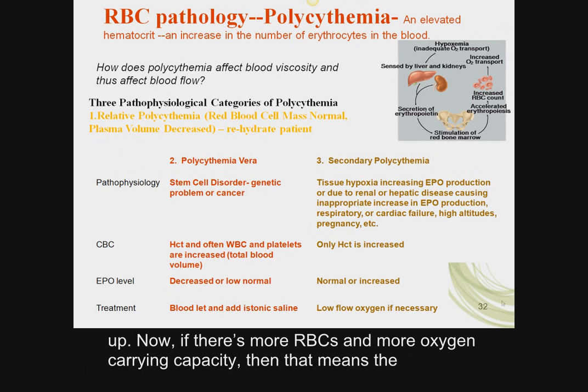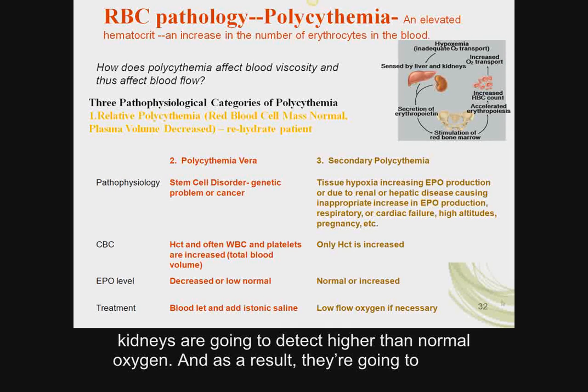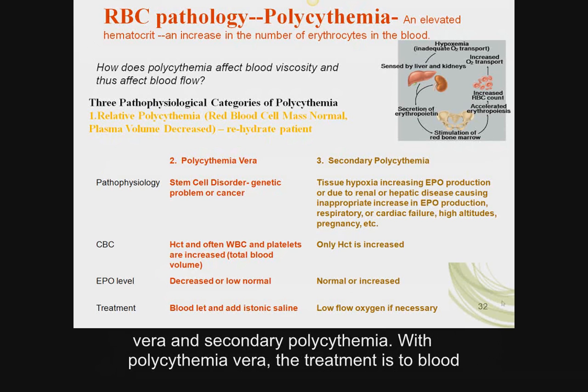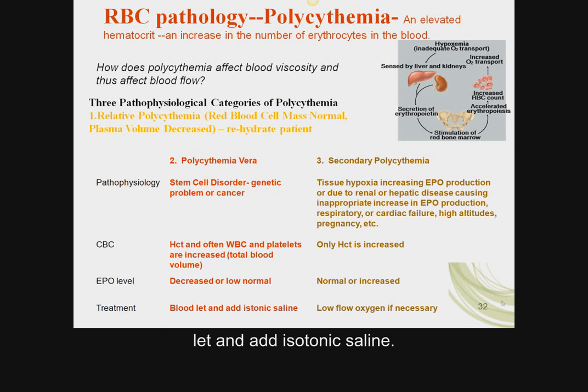Now, if there's more red blood cells and more oxygen carrying capacity, then that means the kidneys are going to detect higher than normal oxygen. And as a result, they're going to release less EPO. It is the level of EPO that can help us discern between polycythemia vera and secondary polycythemia. With polycythemia vera, the treatment is to bloodlet and add isotonic saline solution.